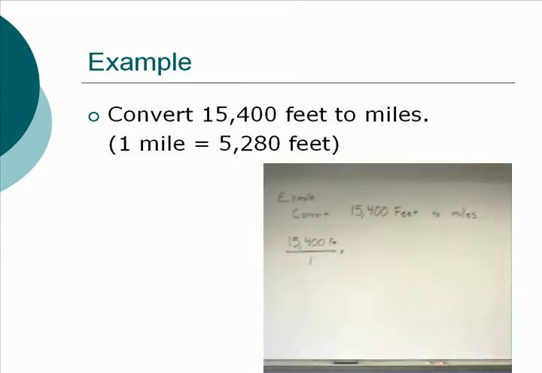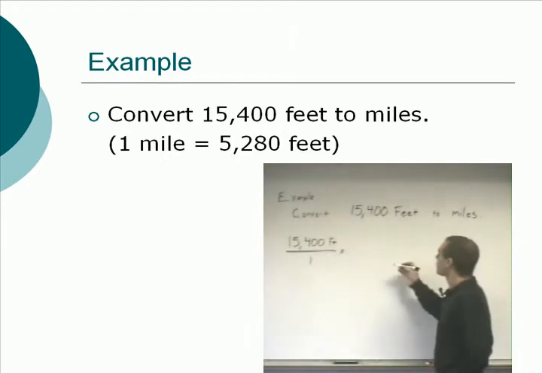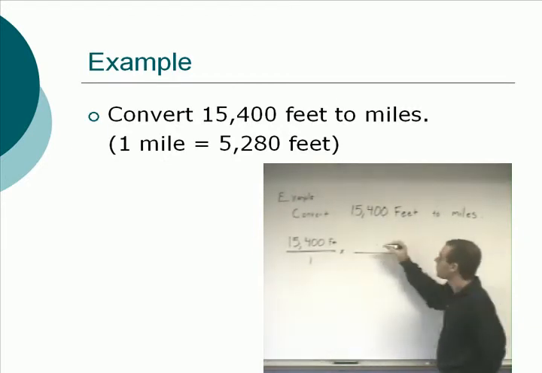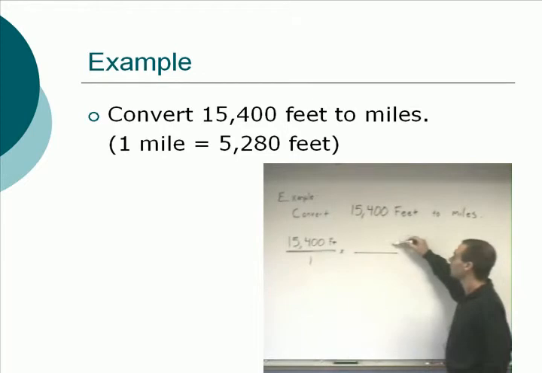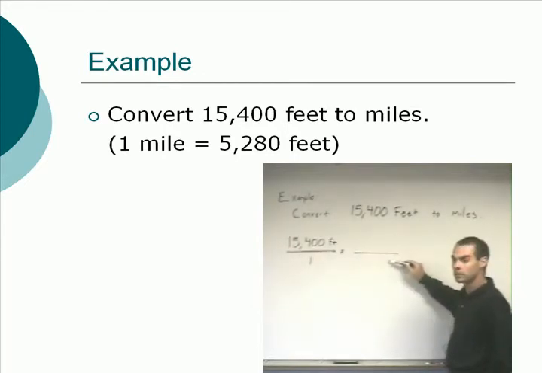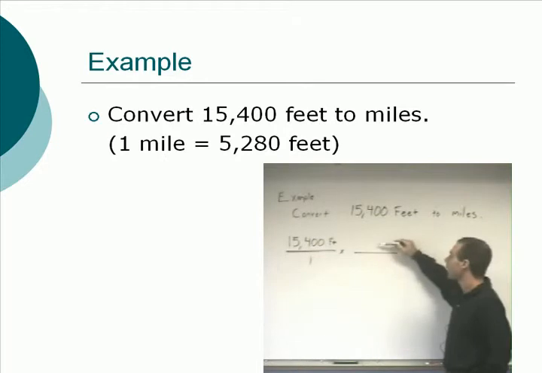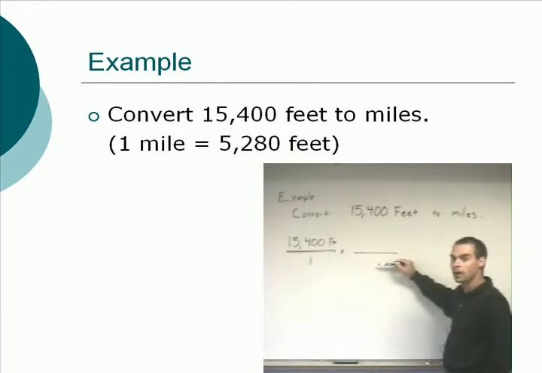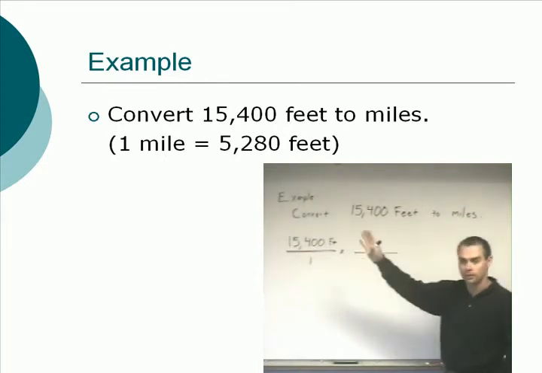Now, we're going to multiply that by a unit fraction. And that unit fraction is either going to be 5,280 feet over 1 mile, or it's going to be 1 mile over 5,280 feet. Now, what units do we want to get rid of here?